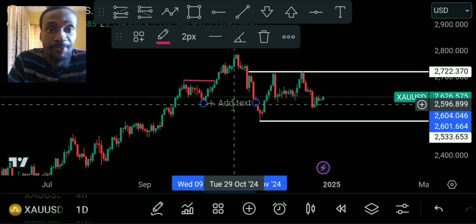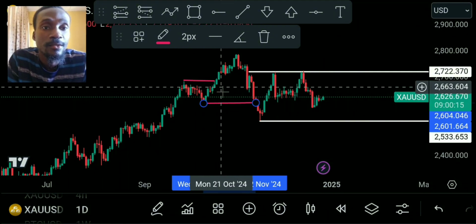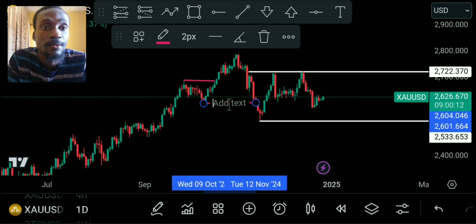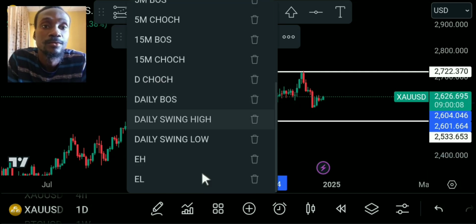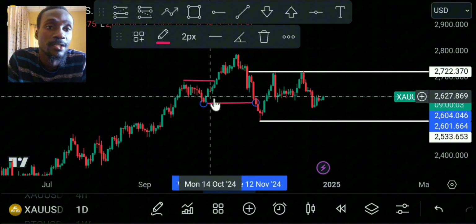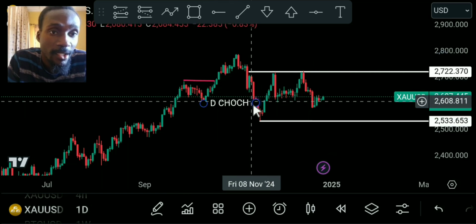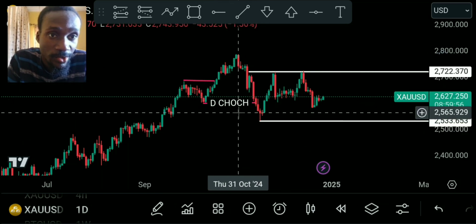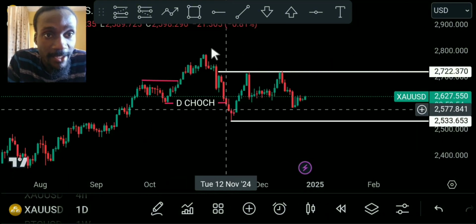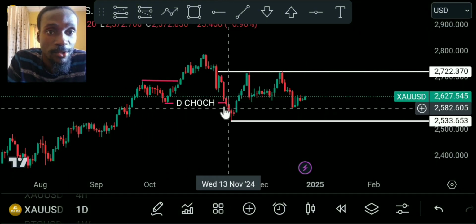Now if you observe here, this is a daily change of character, because the market broke this level. You can see the market was going up and then came down, violated, and changed direction. So now currently the market is in a short-term selling position.